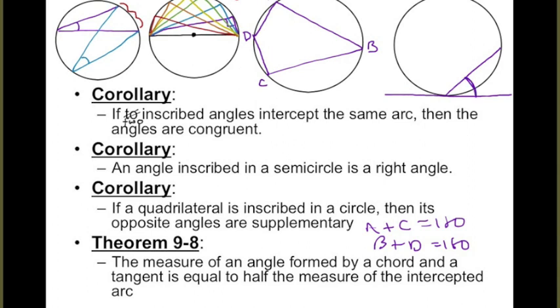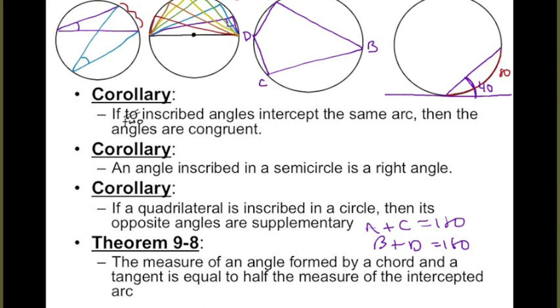So that angle that is formed by the chord and the tangent is equal to half the measure of the intercepted arc. So the intercepted arc is the arc that is cut off by the chord. It's the portion of the circle that the chord cuts off there. So if I would say for this problem, let's say that is 80, then that means this angle would be 40.